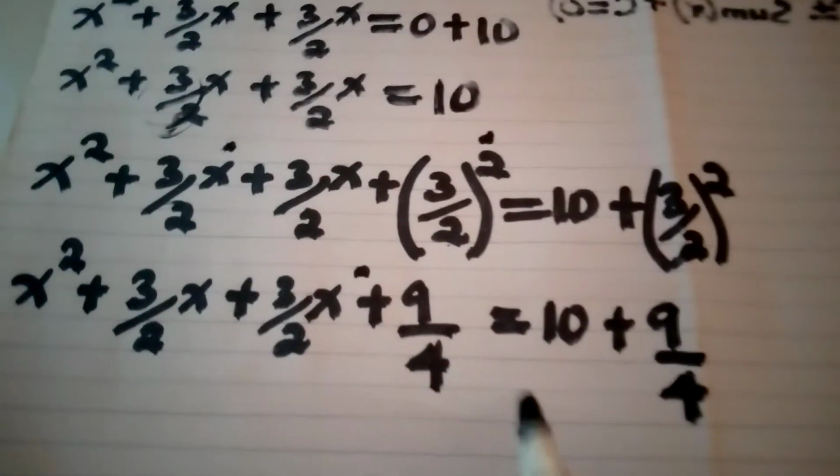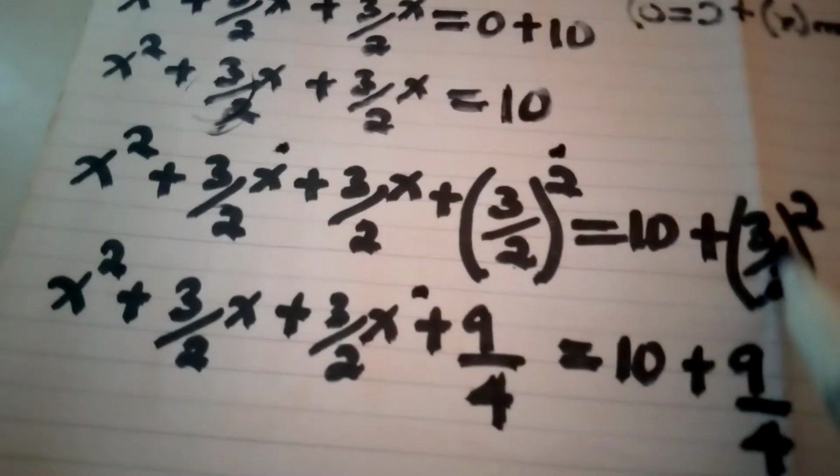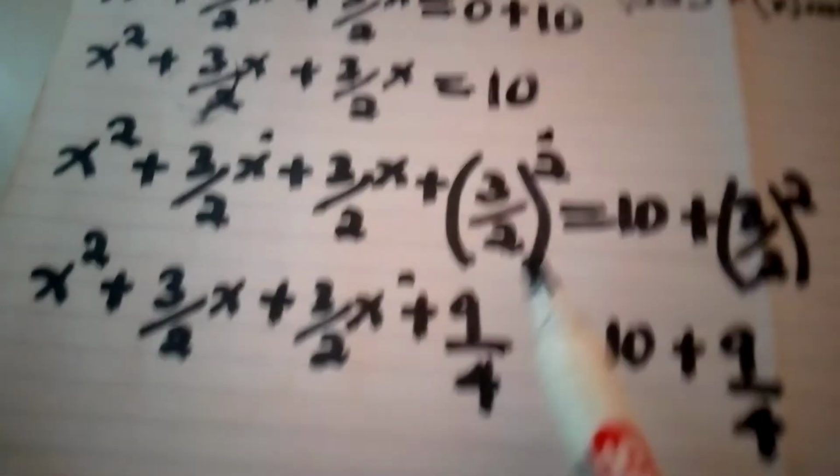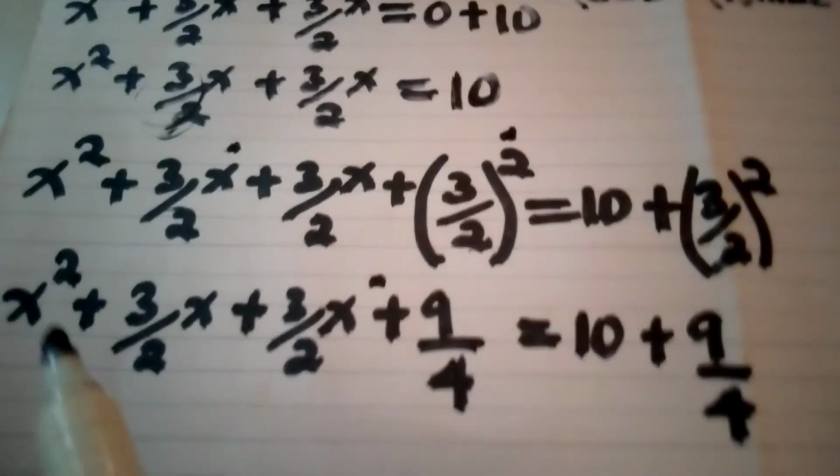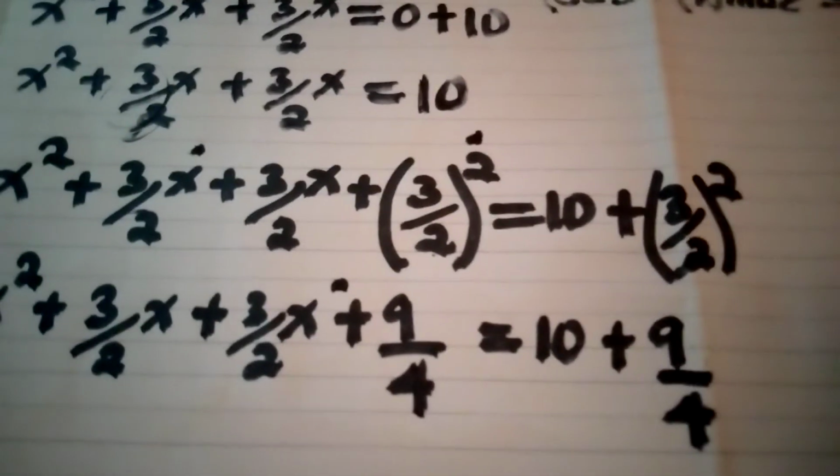So that is not yet the final conclusion, but it is what you will get after adding the square of half of the sum on both sides of the equation, that is on the left hand side and also on the right hand side of the equation.